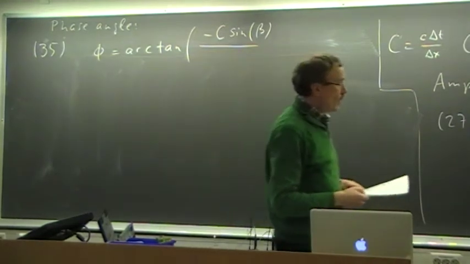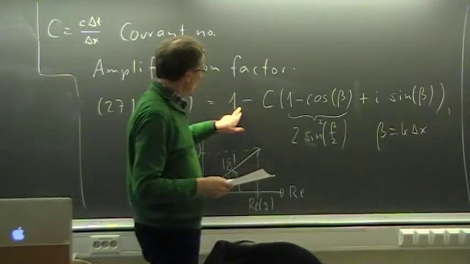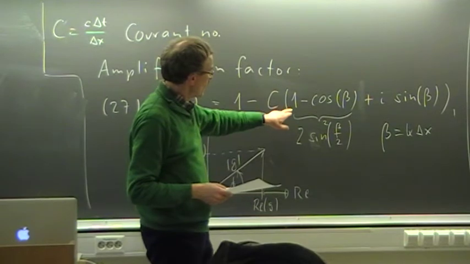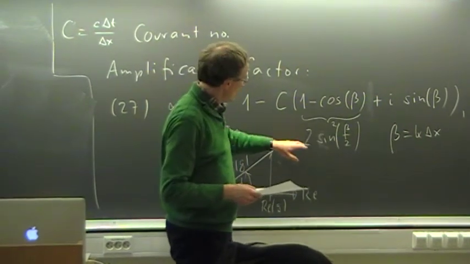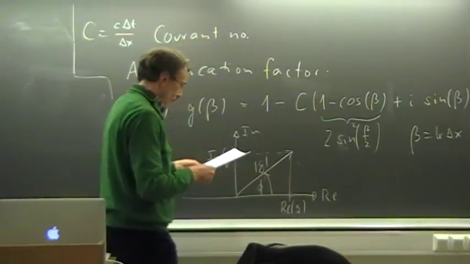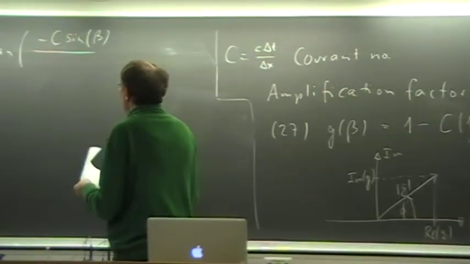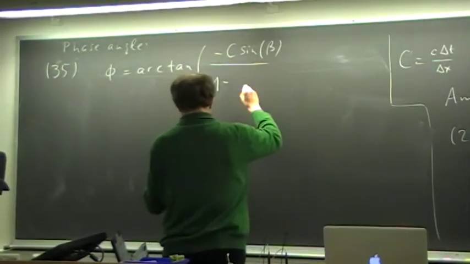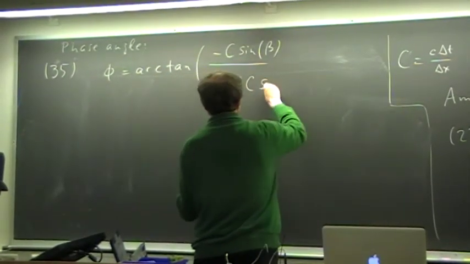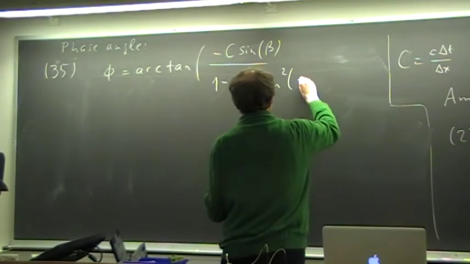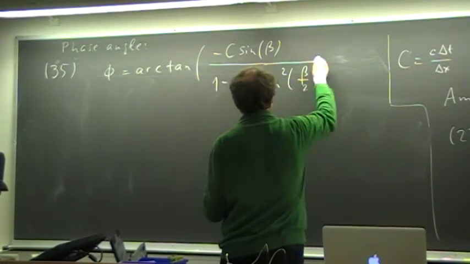And what is the real part? That is here, 1 minus c times 1 minus cosine beta, or we could also write it in this form: 1 minus 2c sine squared of beta half.